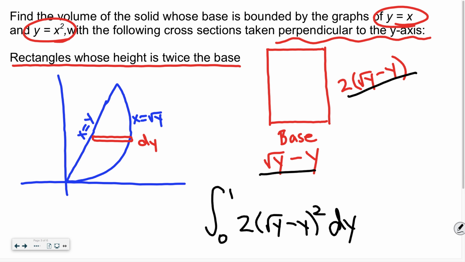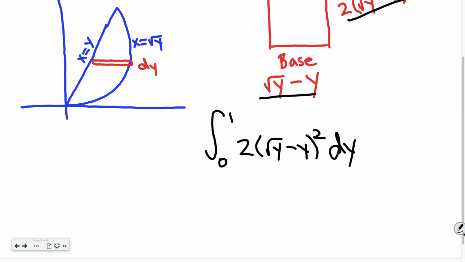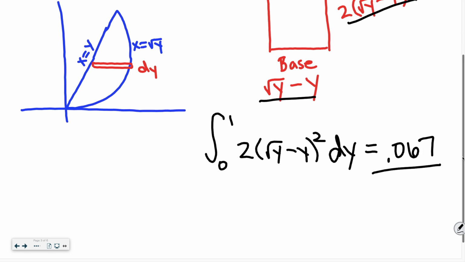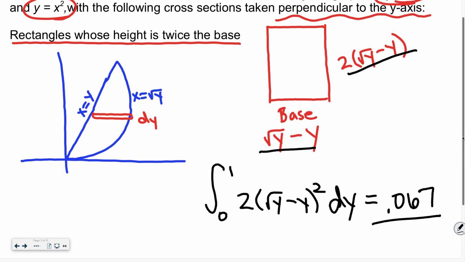Did you get an answer for me? 0.067. Beautiful. Probably our more intense slices would be equilateral triangles and semicircles.